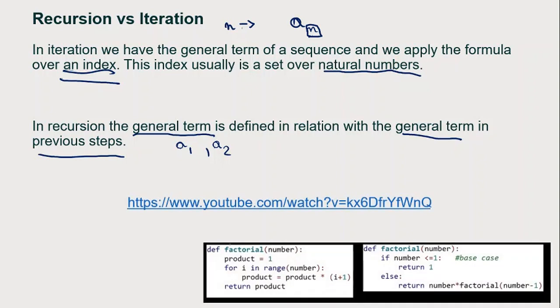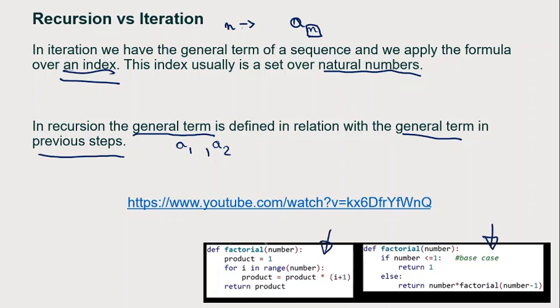Now, there is one more video I would like you to watch. It's 7 minutes, but it's great in terms of what it does. It introduces 2 programs, both to do the same action, to calculate the factorial of a particular number. But the person who did the video, by the way, it wasn't me, has written the program iteratively and then recursively.